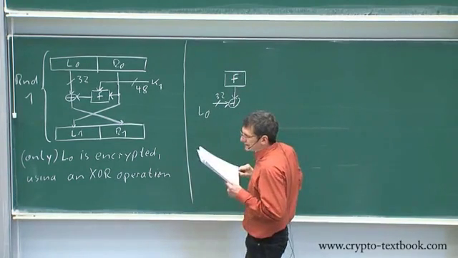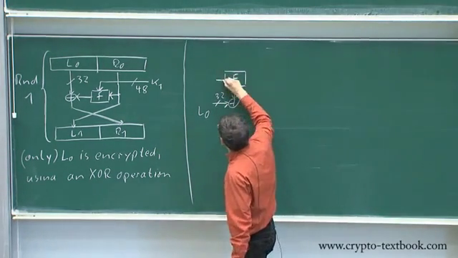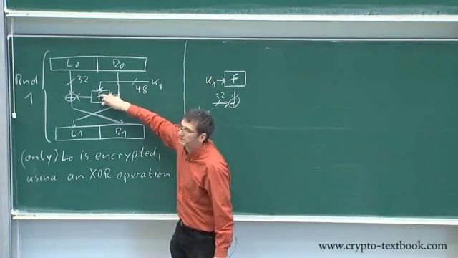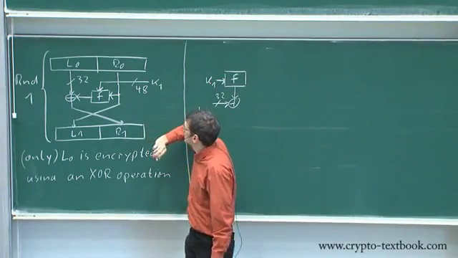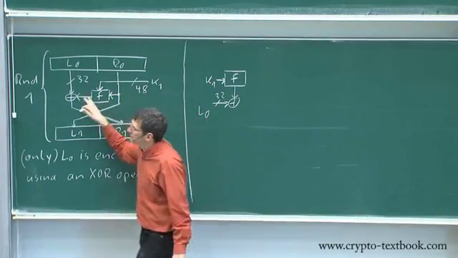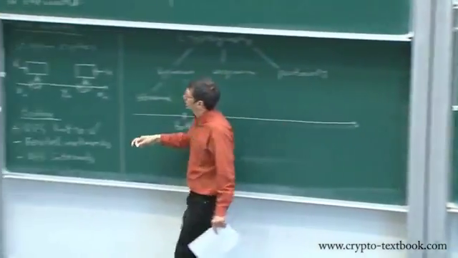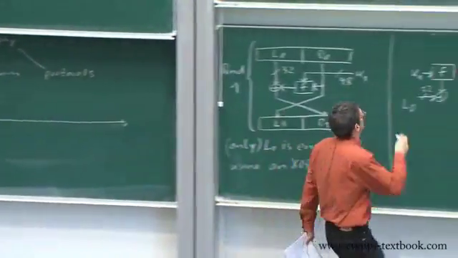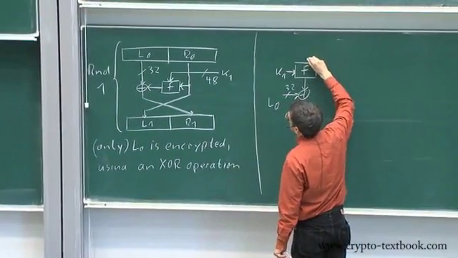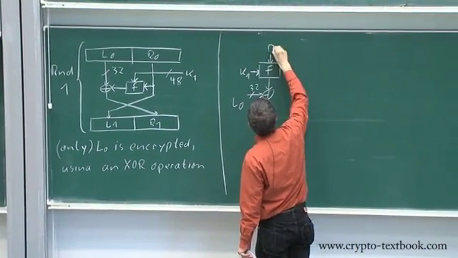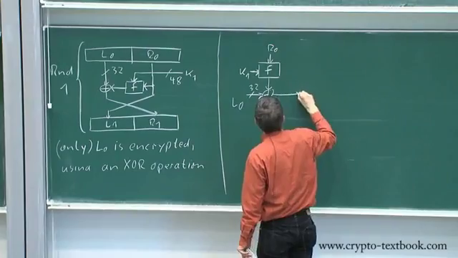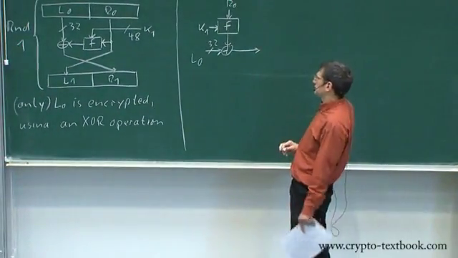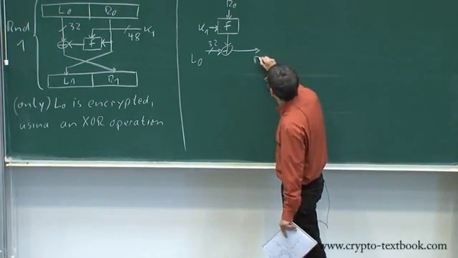The input to the F function is K1, right? So far, this looks very similar to what we've been doing with stream ciphers, right? There's one additional element coming in, namely R0. Okay, let me encrypt. And then this output becomes, how would we call this? R1 here, okay?